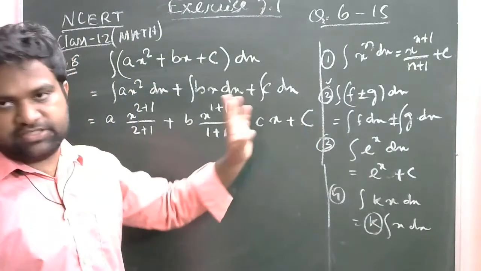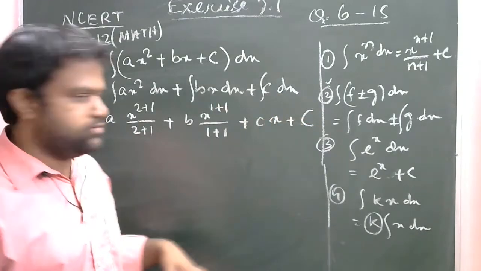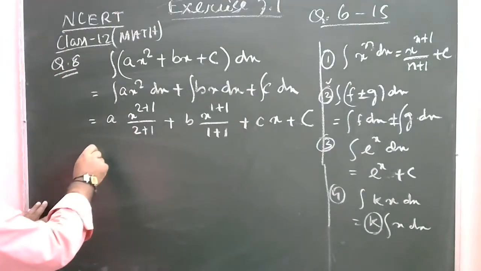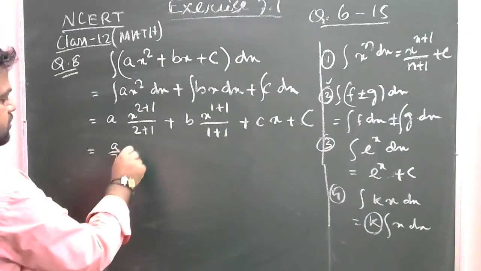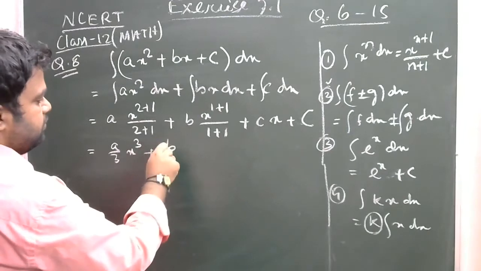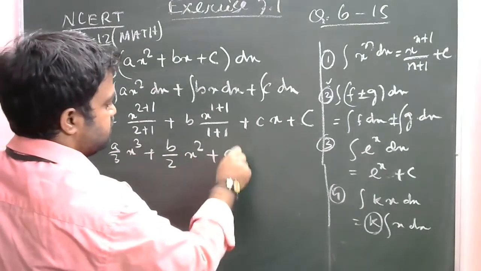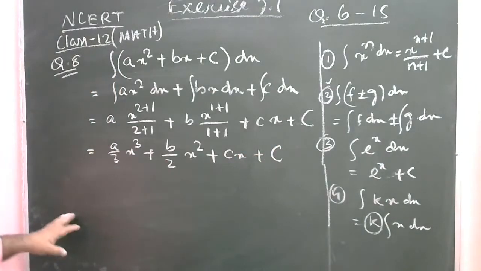This is small c, let's say this is capital C, no issue. This is another constant, just a constant. So this is a upon 3 x cube plus b upon 2 x square plus cx plus capital C. Ready? Clear?